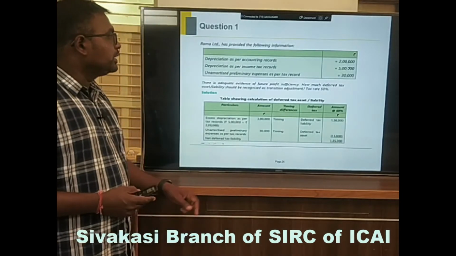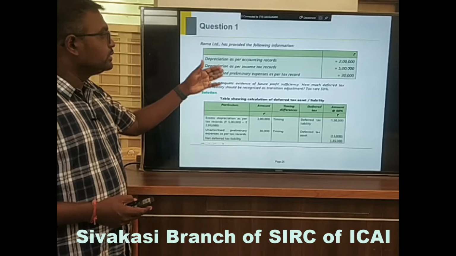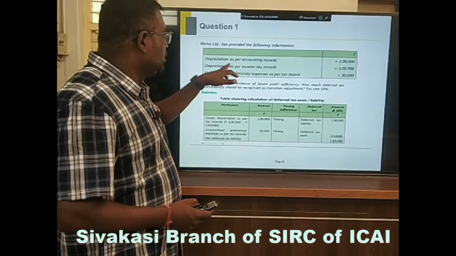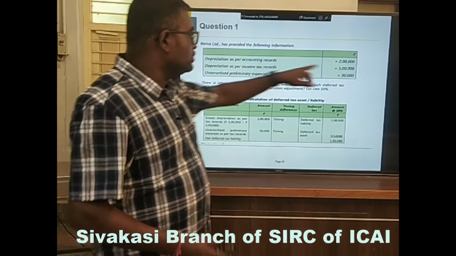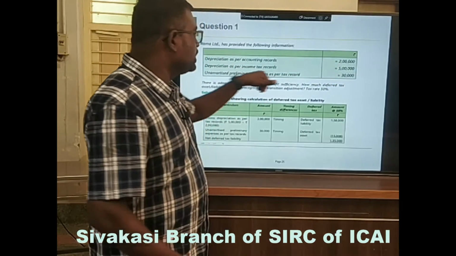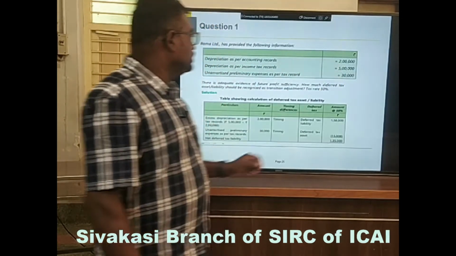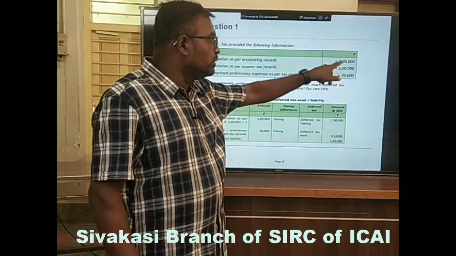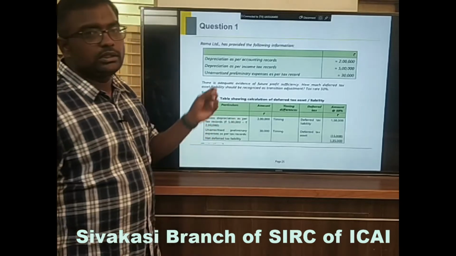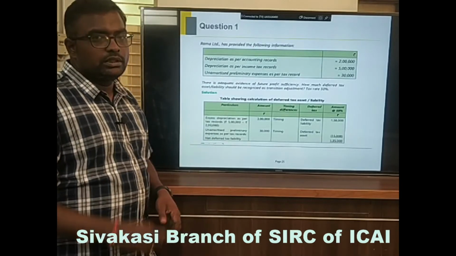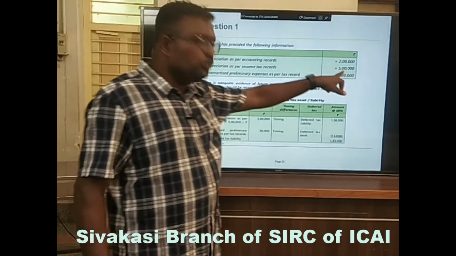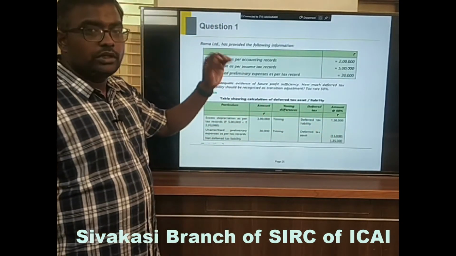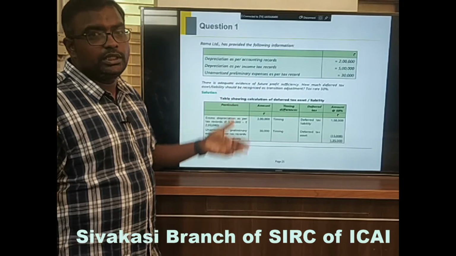So Rama Limited, I am just giving an example. These are all questions from your book. Depreciation as per accounting records is 2000, depreciation as per income tax records is 5000. So here income tax allows more, while in the accounting records it is booked less. If they allow more, I have to pay less tax, which means I have to create a deferred tax liability.